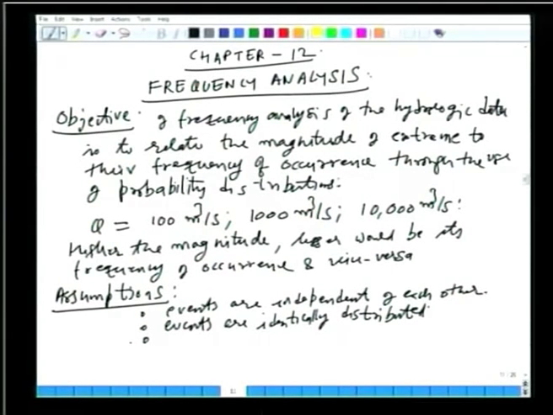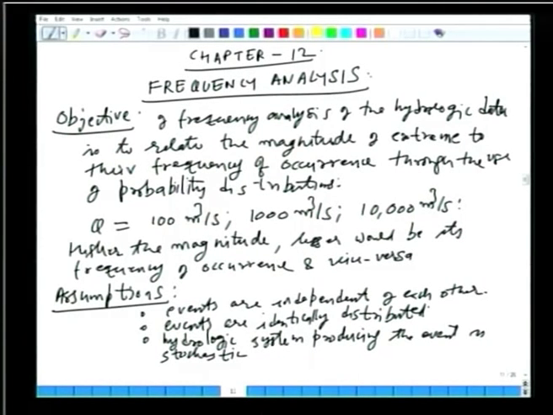The next one is that the hydrologic system which is producing the event is stochastic. So, it is not deterministic in nature. We are saying that it is uncertain or stochastic, space independent, and time independent.